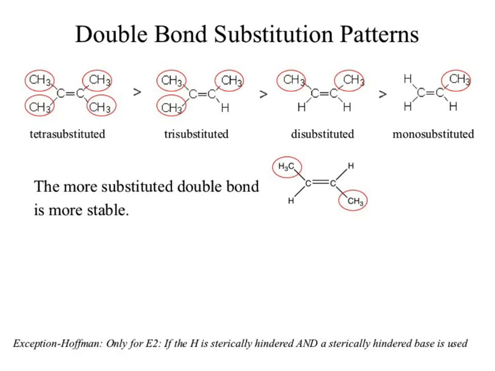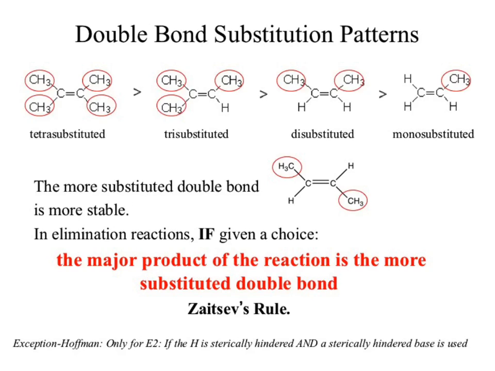The way this typically gets stated is that the major product of the reaction is the more substituted double bond. This gets colloquially referenced as Zaitsev's rule. Not a big fan of it because Zaitsev's rule does not actually say that. Zaitsev's rule is referencing the number of hydrogens. Why?